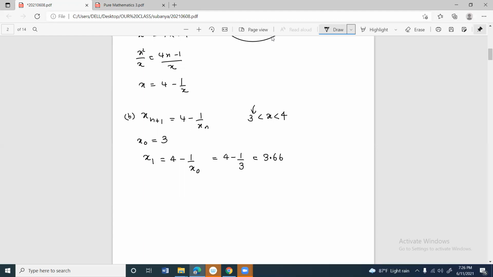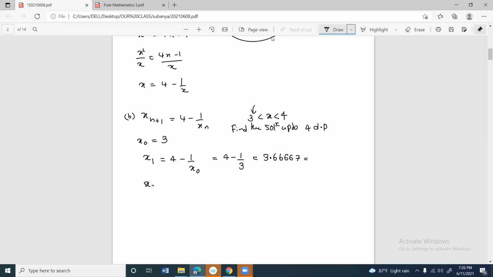If they ask us to find the solution up to 4 dp, we should write this answer correct to 4 decimal places. We need to write 5 decimal points. That is the logic of getting this answer. Just keep this answer, and keep some space over here.